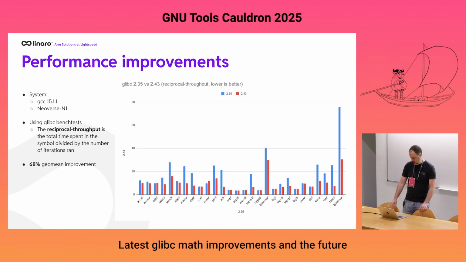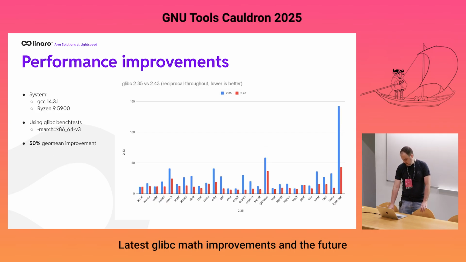It compares glibc 2.35 to 2.43 using our own benchmarks, so no standard benchmarks. If you are using glibc, you can run make bench, and you have the programs that I used to get these numbers. You can see that some symbols like tgammaf have a large improvement. In general, we have a 68% improvement in geometric mean.